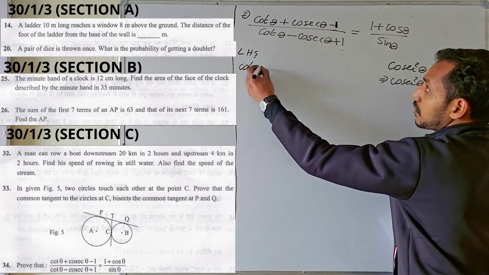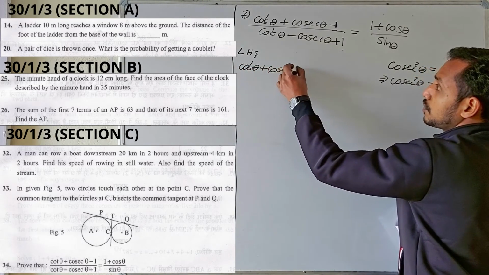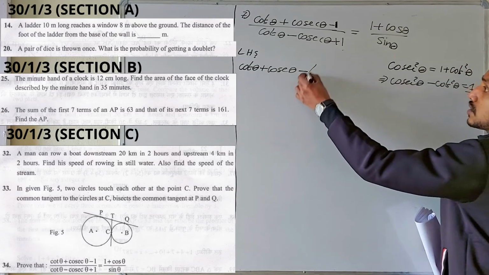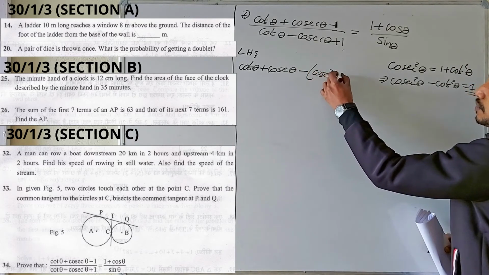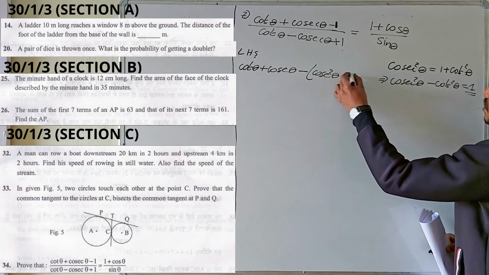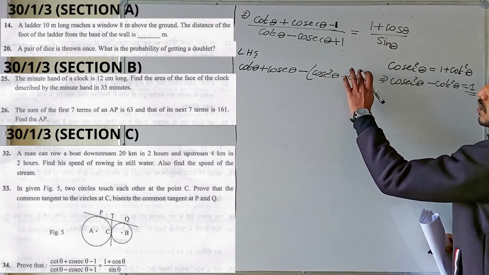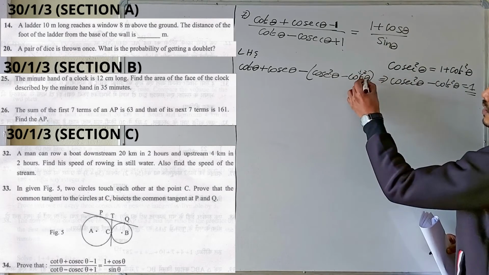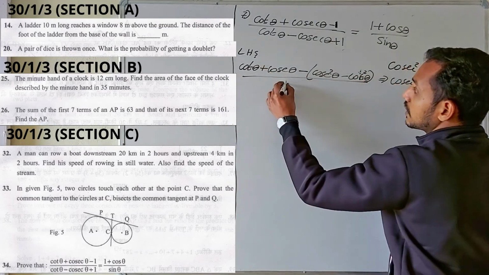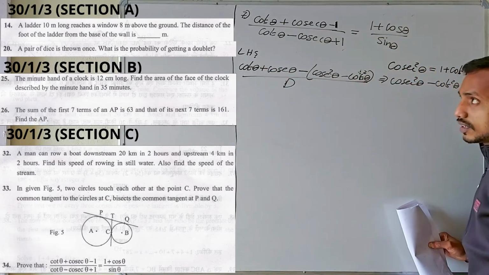Cot theta plus cosec theta, plus or minus cosec square theta minus cot square theta, divided by the denominator. Same denominator, I am not writing now.